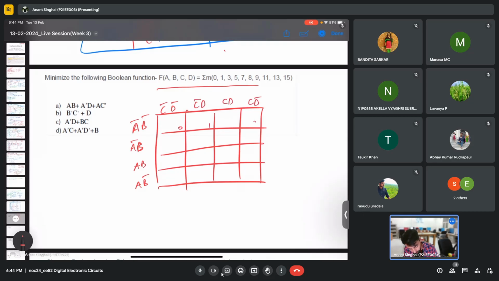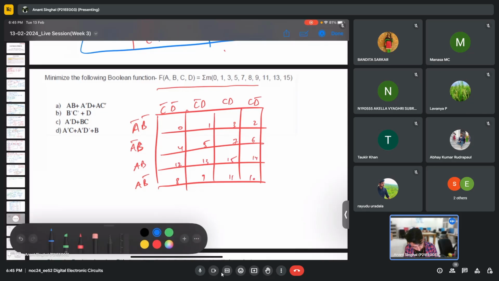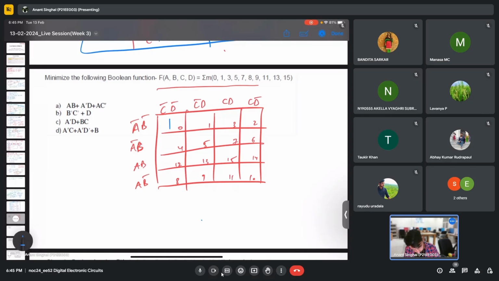This is 0 1 2 3. Now I have one set 0 1 3, sorry, 3 5 7 8 9 11 13 15.